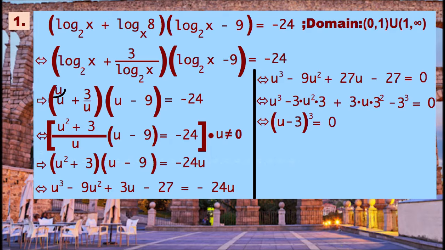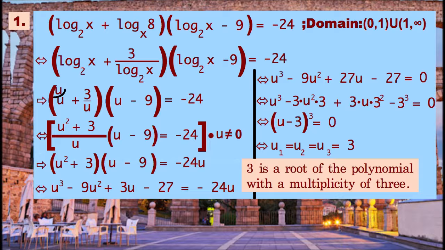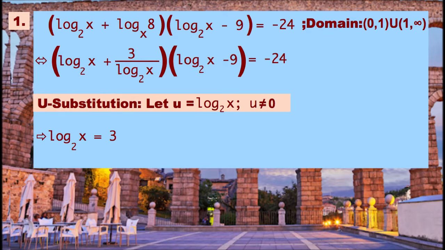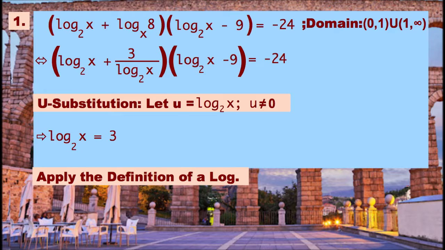Equivalent to u minus 3 everything cubed equals 0, which is equivalent to u1 equals u2 equals u3, which equals 3. So 3 here is a root of the polynomial with a multiplicity of 3. Now we have to substitute our u back. Thus, log base 2 of x equals 3.